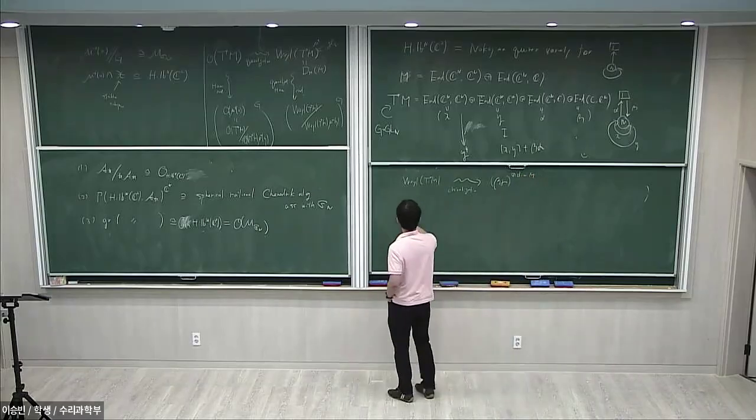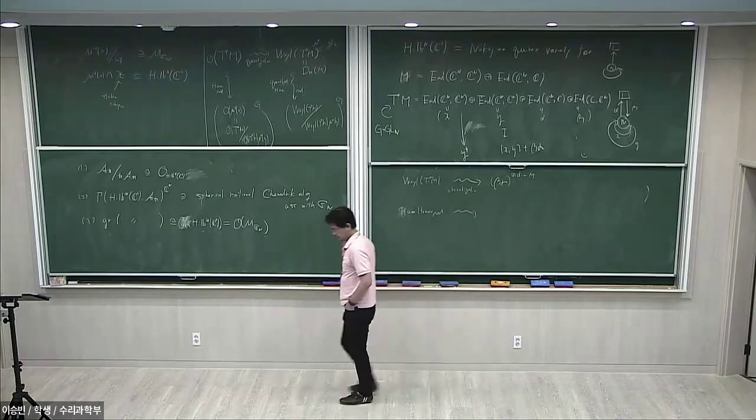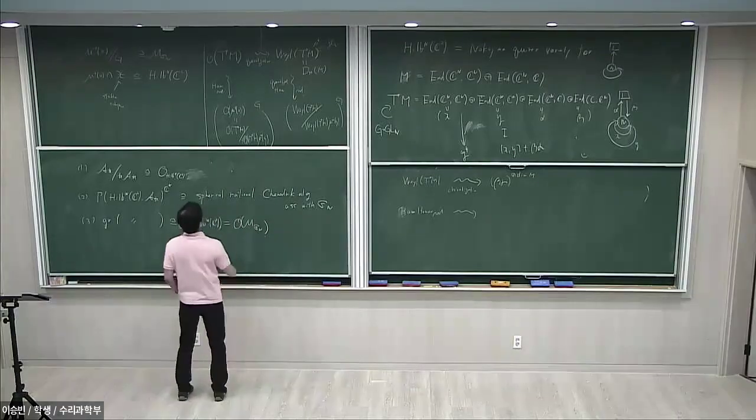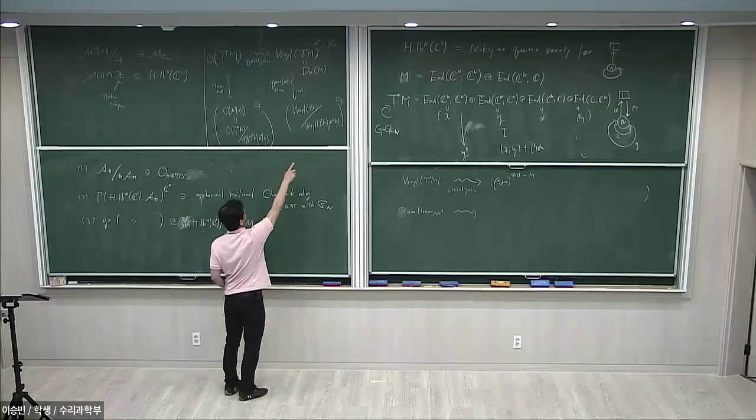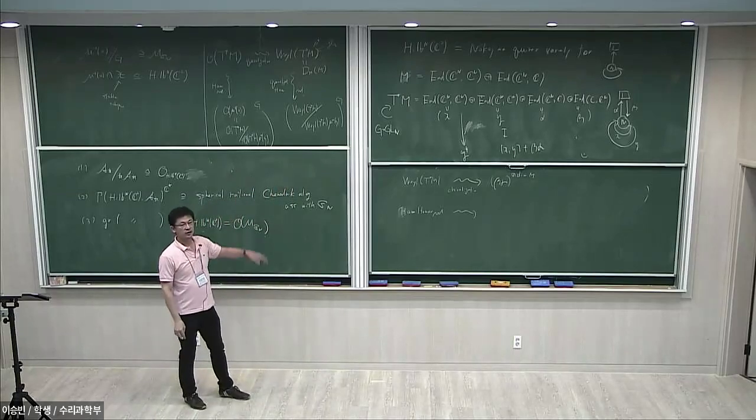And then quantum Hamiltonian reduction. But you cannot really take this. This kind of construction formula does not really make sense at the level of vertex algebras.